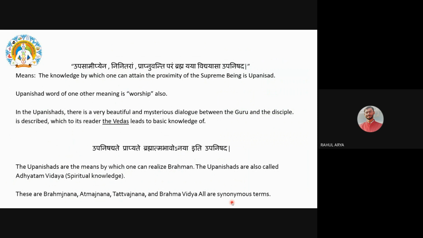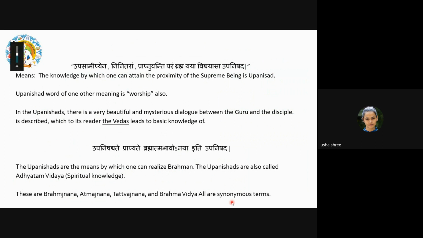Yes, one of you please conclude this slide. Come on. Yes, sir. So, the knowledge through which one can attain the supreme being, that is Upanishad. Upanishad is also called worship. And in the Upanishads, there is a very beautiful and mysterious dialogue between the guru and the disciple.